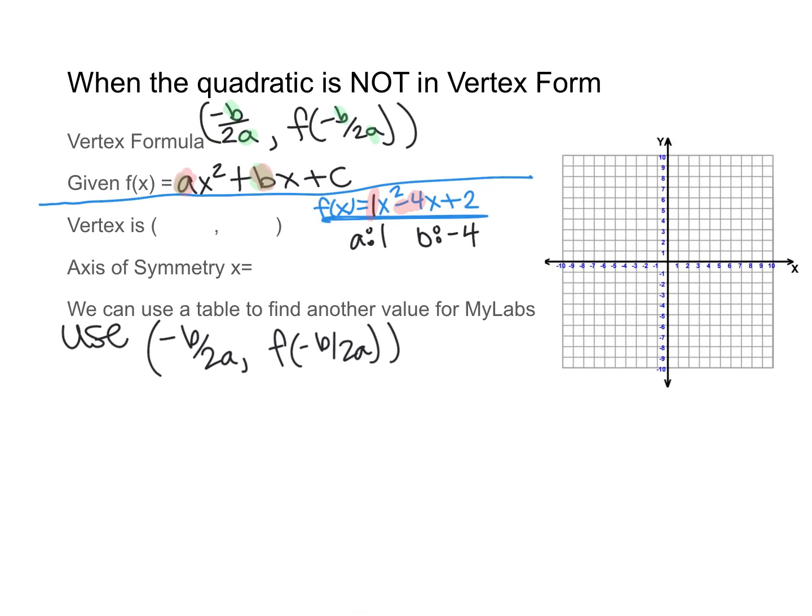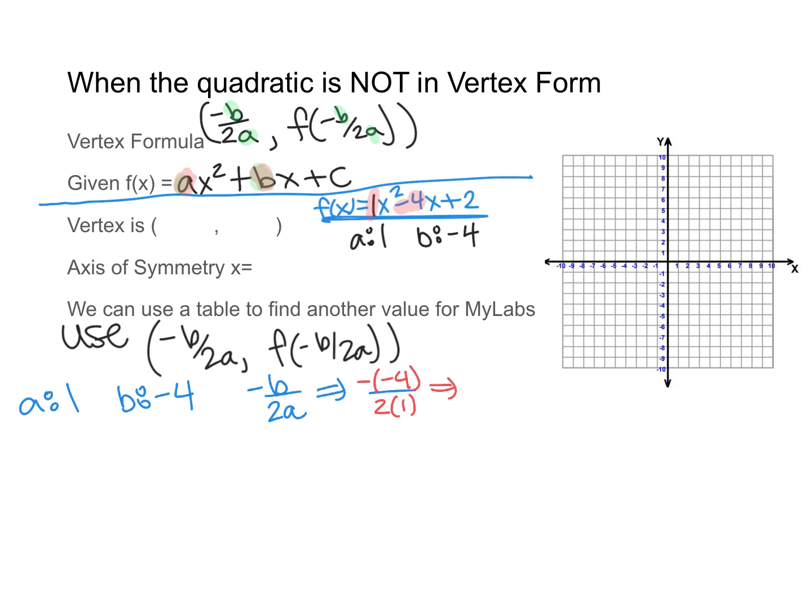So I'm going to take the fact that a is equal to 1 and b is equal to -4, and I'm going to plug that into -b over 2a. So b is -4, so when I plug that in, I get -(-4) over 2 times a, which is 1.